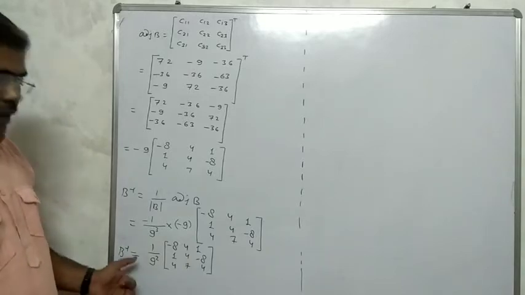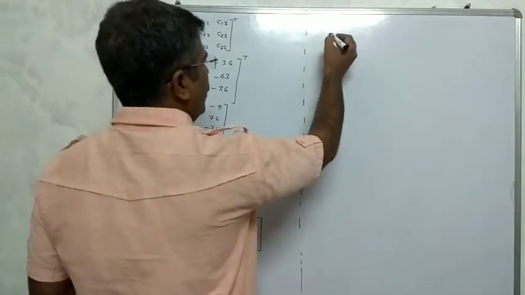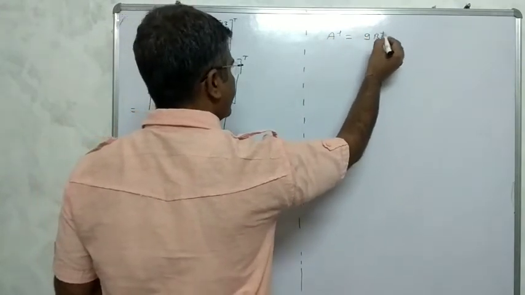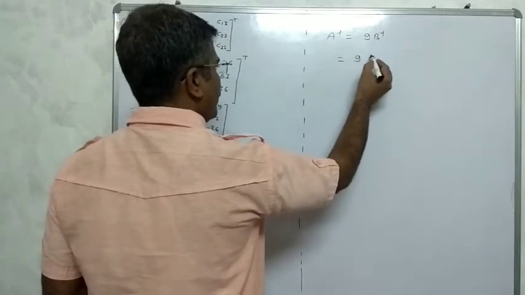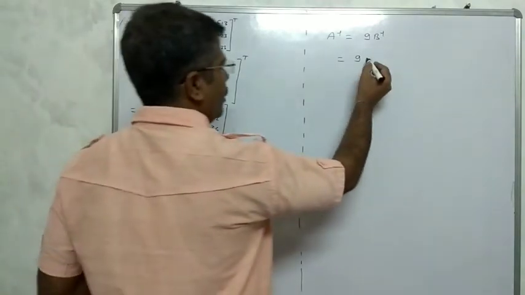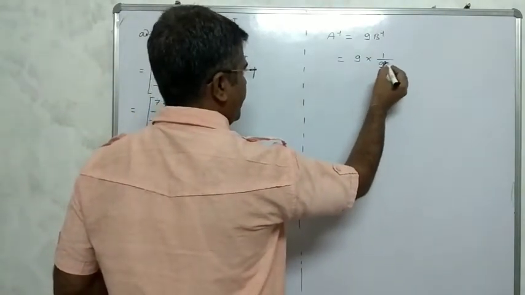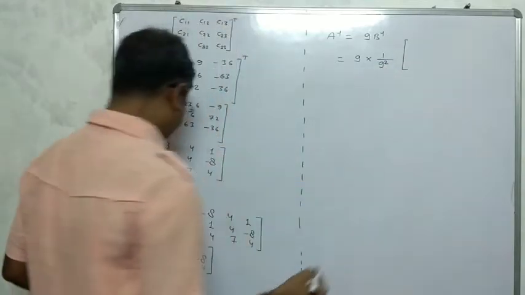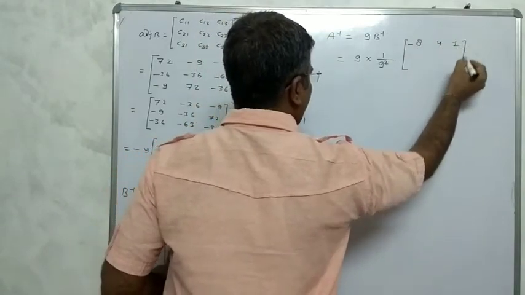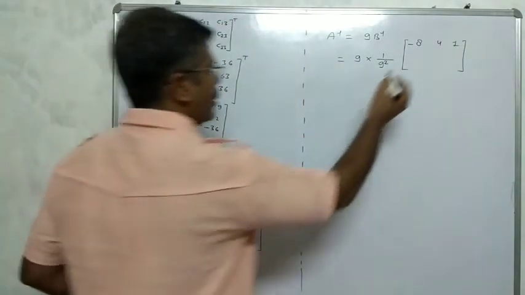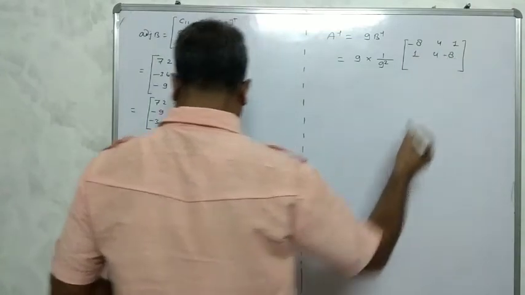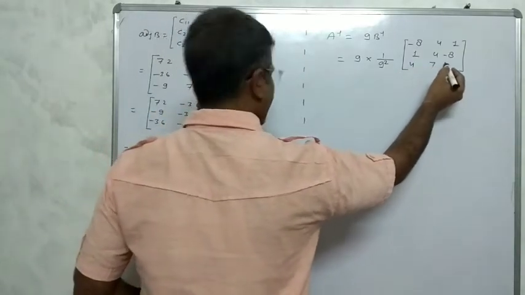We put the value of B inverse in A inverse equals to 9 times of B inverse. 9 into the value of B inverse, 1 upon 9 to the power 2 into the matrix minus 8, 4, 1, 1, 4, minus 8, 4, 7, 4.